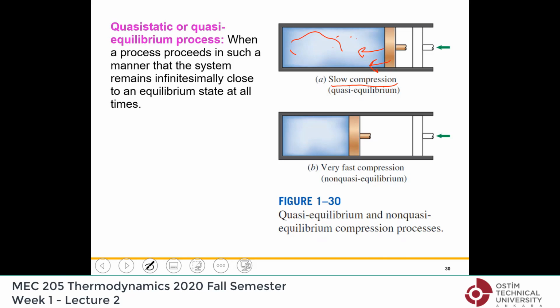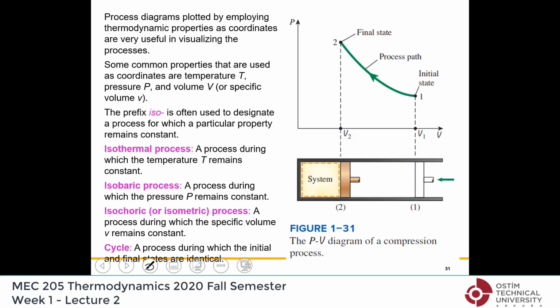But if you do a very fast compression, then you will have pressure build up here. So the pressure will be higher than the pressure there. You may even have a shock wave here, some kind of explosion. Then that process is not quasi-equilibrium or quasi-static. So this distinction is also important in thermodynamics, the type of process there.